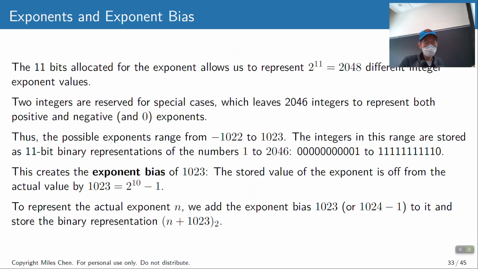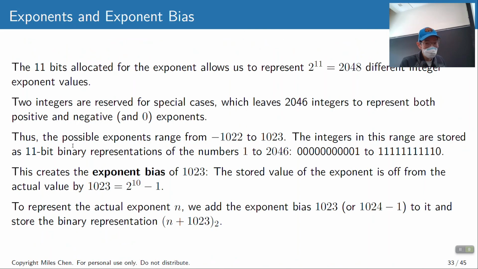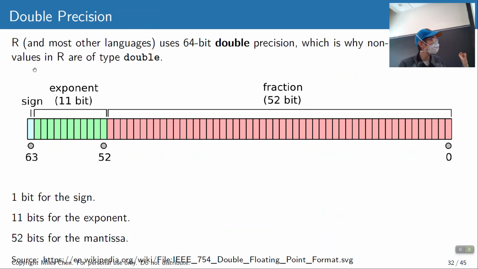Let's think about this exponent for a moment. We have 11 bits in the exponent. With these 11 exponent bits, how many unique values can we represent?